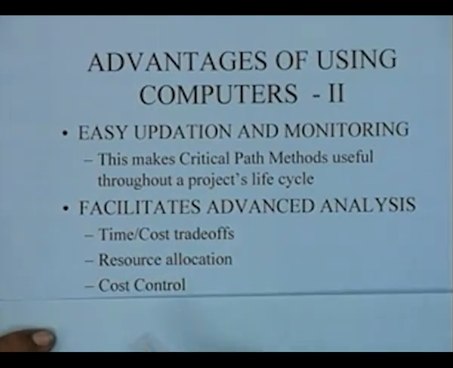Cost control is another area which has been popularized to a very large extent by the use of computers. For instance, if you were to use PERT cost and you were to monitor the status of the project at every month, say, once your initial budgeted cost and value curve is available, then all that it requires is that at each review you look at what fraction of the activity has been accomplished.